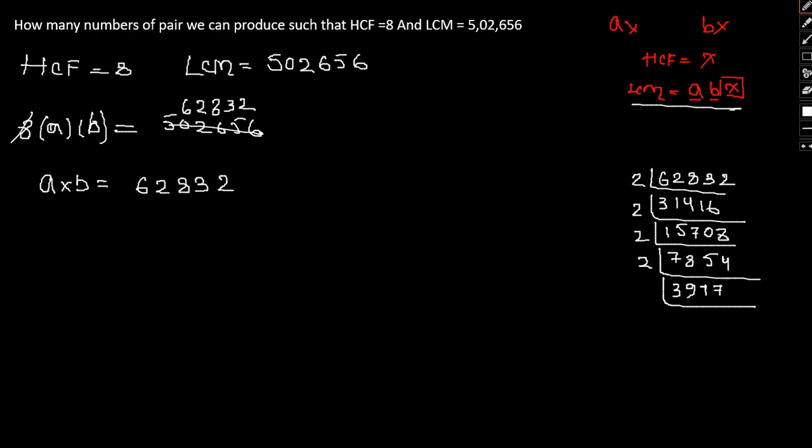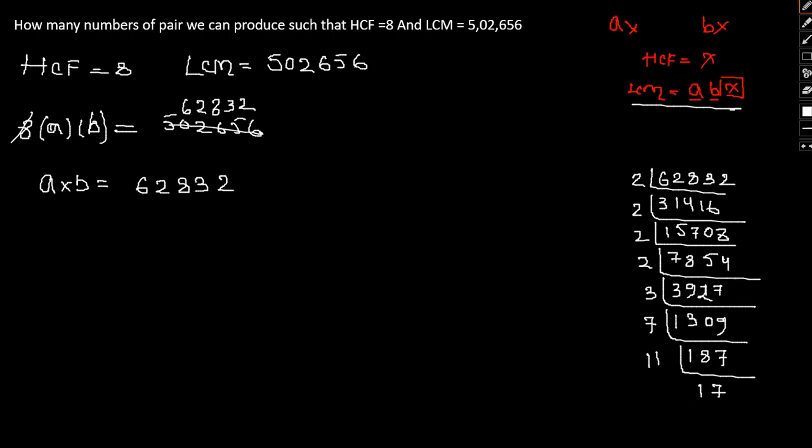So we divide by 2 repeatedly, then by 3, then by 7, then 11, then 17.